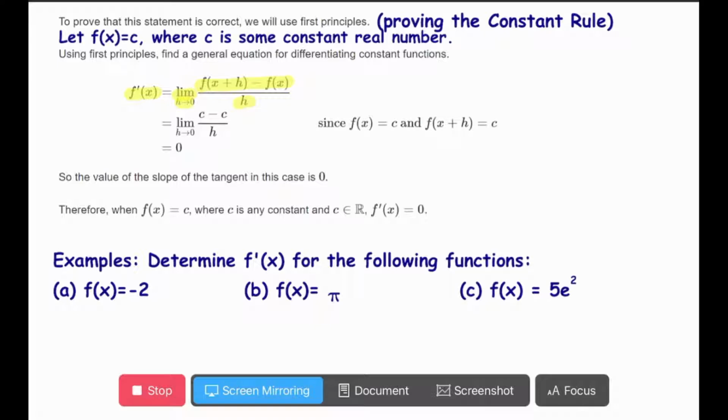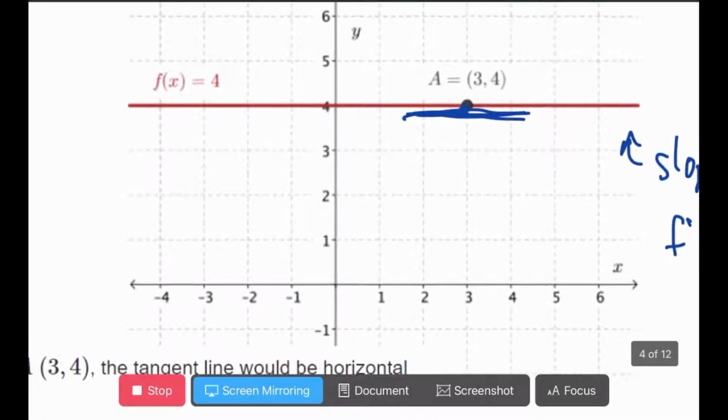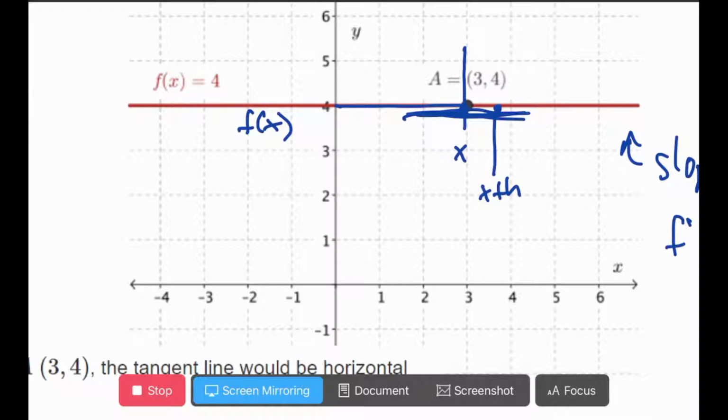Actually, let's start with our f of x. So at f of x, we're going to have some constant value. If we move over a little bit on the graph, f of x plus h, we're going to have the same constant value. So let's think about that for a moment. So this is my original point, x and f of x, and I'm moving over to my point x plus h.